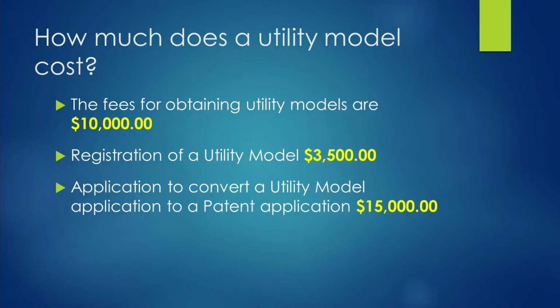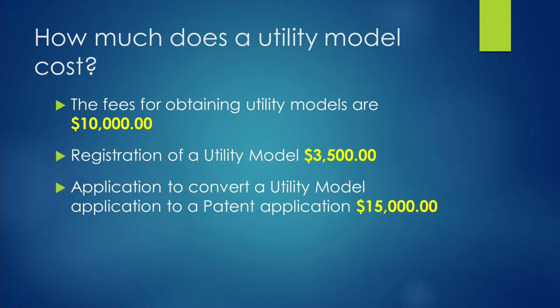What is the cost for a patent? Now, this is something I've been avoiding deliberately. The cost of filing a utility model is $10,000, which is significantly cheaper than a patent if you've tried to file one. The registration of that utility model is $3,500, right?